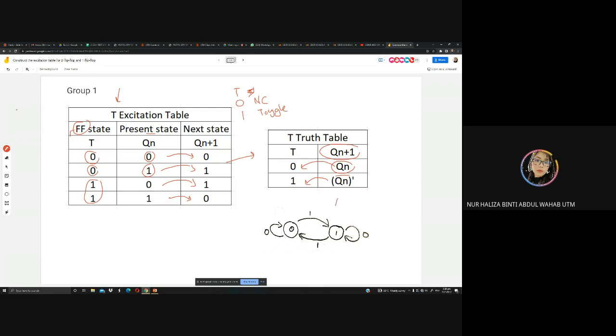And your friends are also doing the situations for the state diagram. If it goes back to 0, it's going to have 0 for T. If it moves or toggles, you're going to get 1. If it returns back to the similar state, it's going to be 0. That's everything correct. Group number 2.